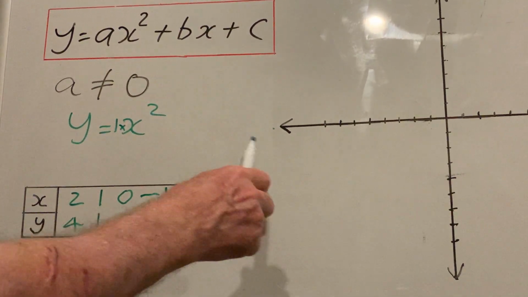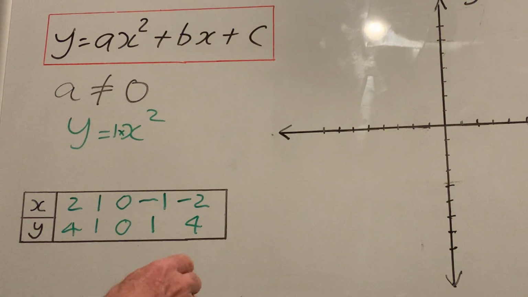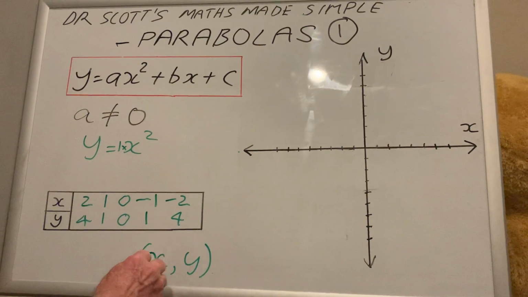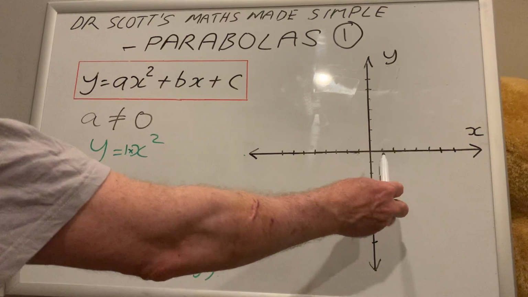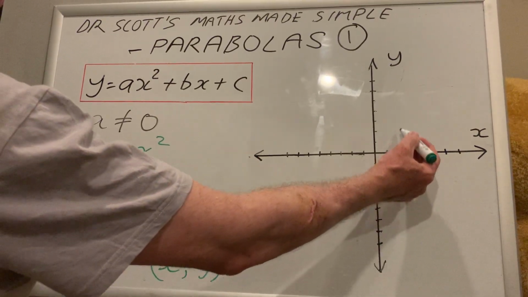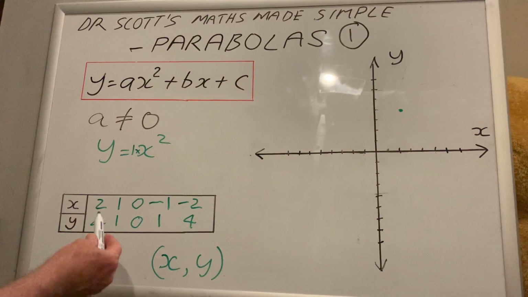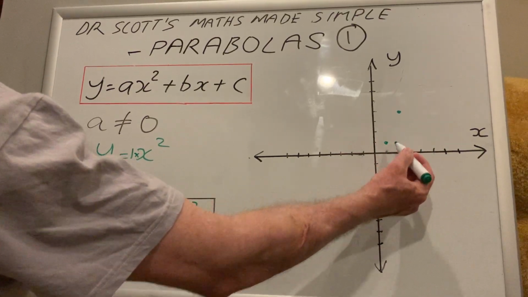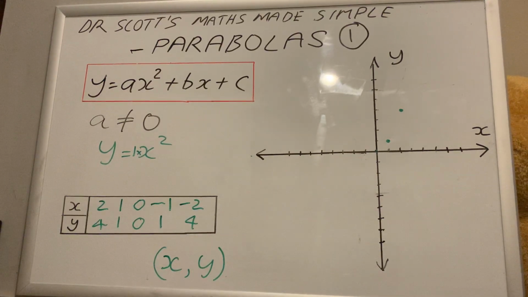So if we go across to our graph, we know that 2, 4, don't forget you put the x and the y on the graph. That's how you graph. It goes along 2 on the x-axis, and 2, 4 is the first coordinate: along 2 and up 4. So it's about there. The next one is 1, 1, so that's there. 0, 0 is the origin of the graph, which is there.